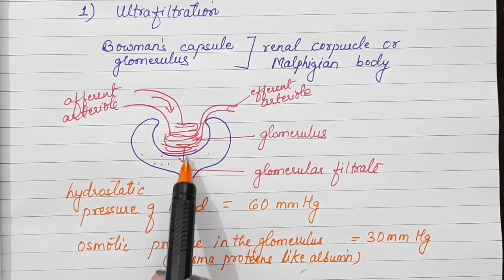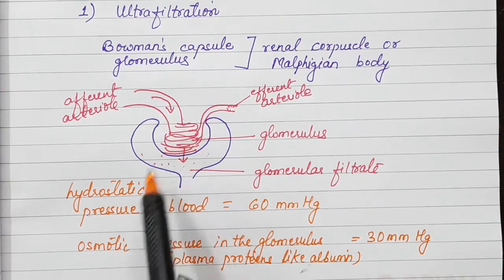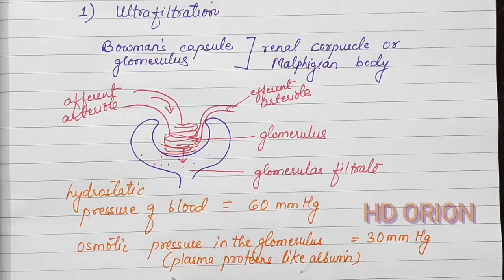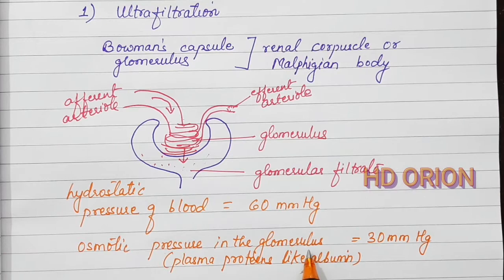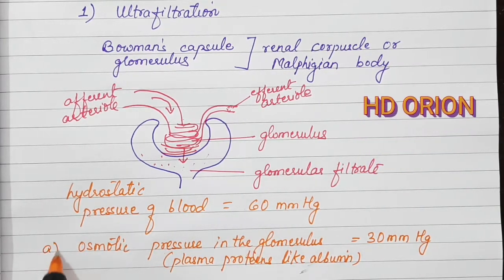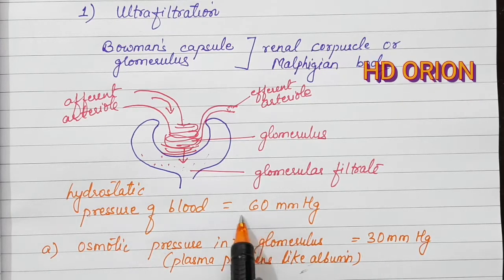So this is counteracting. The pressure over here is 60, but this is opposing it, and that is why I am using the word counter pressure. So this is opposing this pressure. This is the first pressure which is counteracting this pressure.